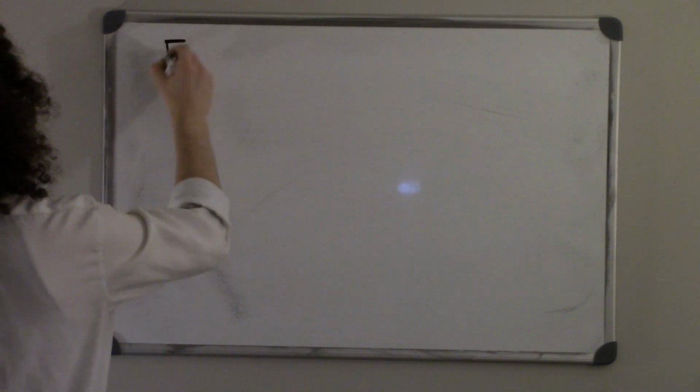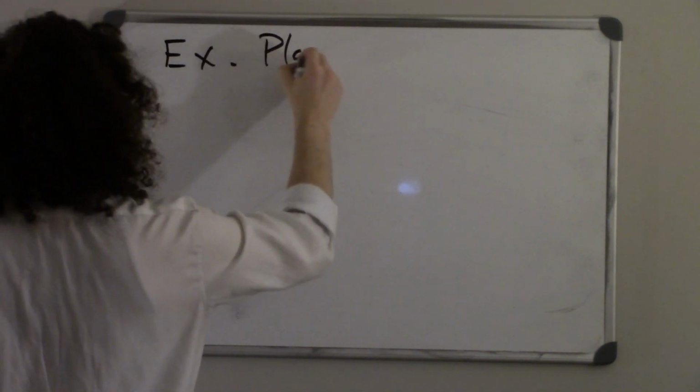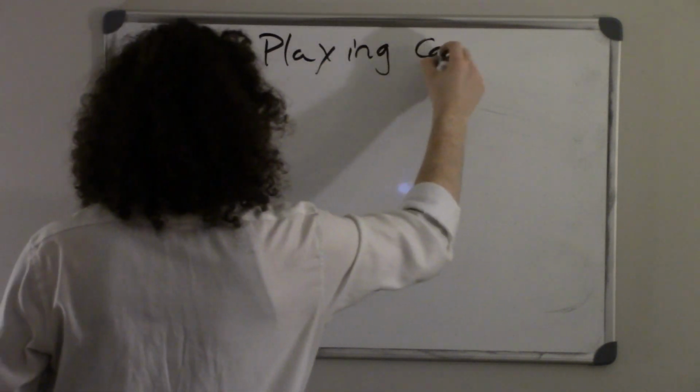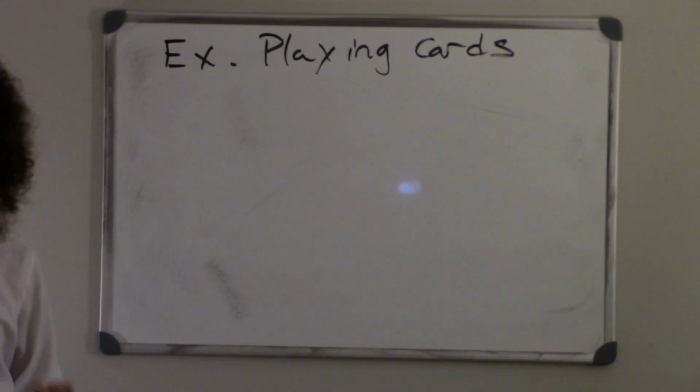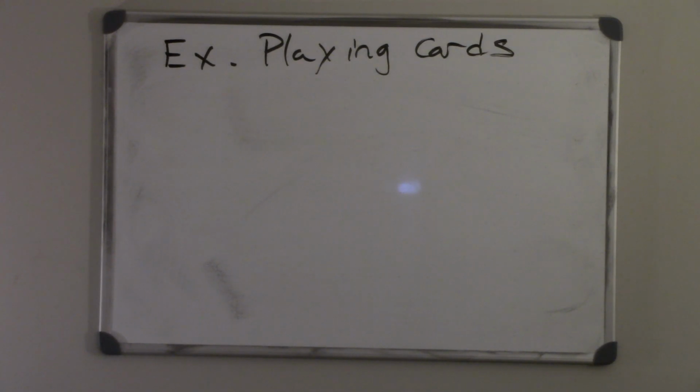Now let's take a look at this in practice. Once again, we're going to go with our example, our experiment of drawing a card from a deck of playing cards.